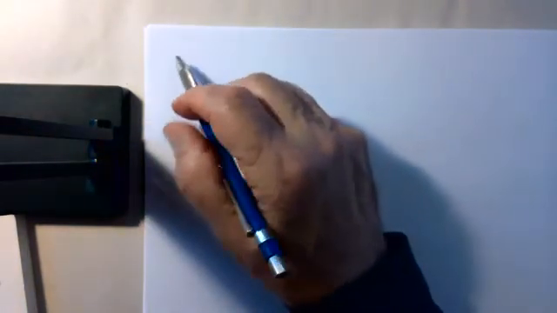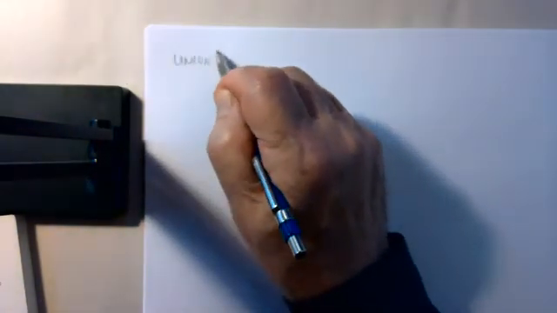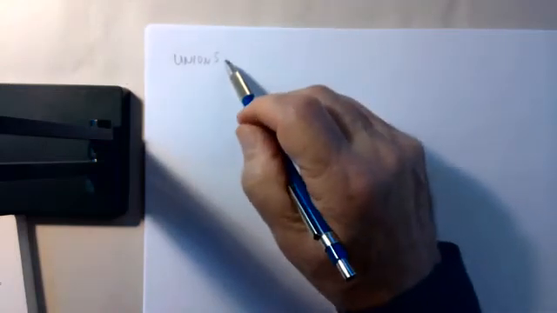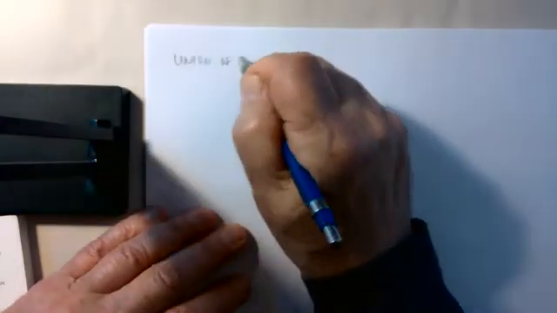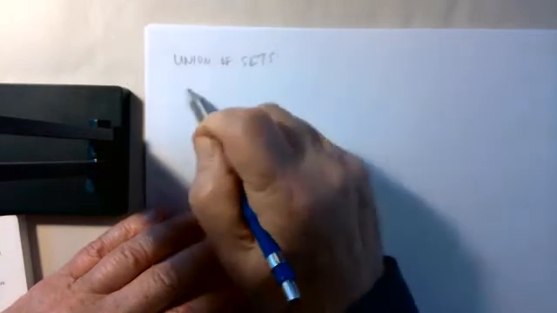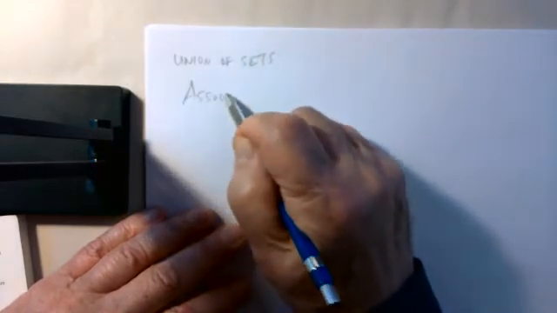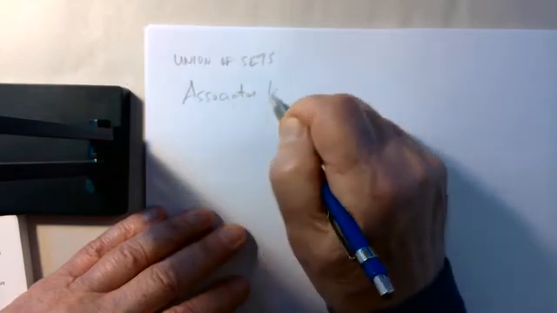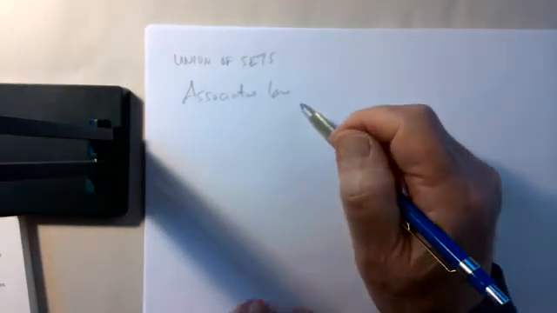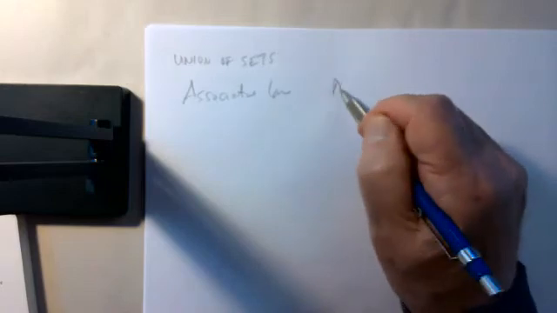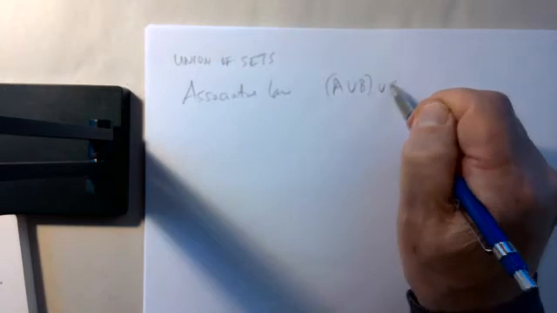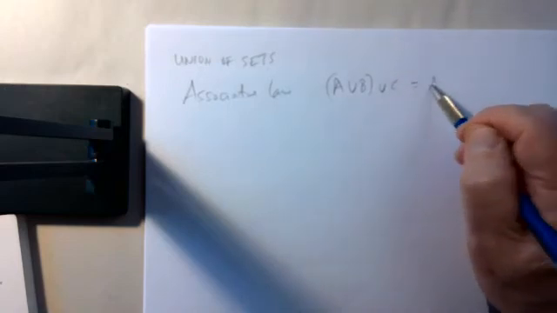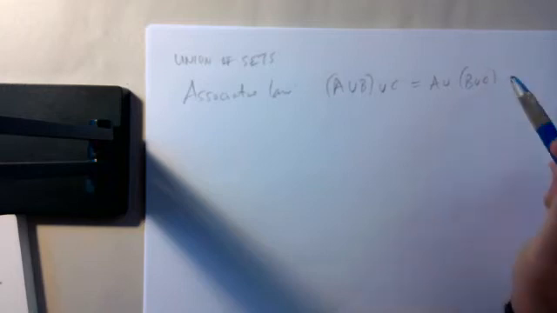So for unions of sets, we have an associative law, which says that if you take A union B union C, that's the same as A union B union C.